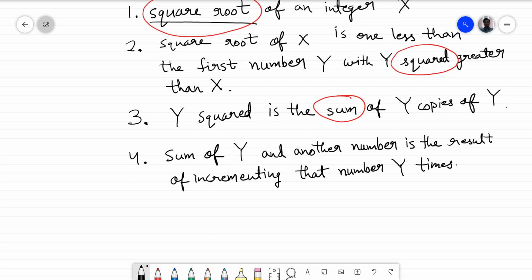Okay, so if you want to say sum of y and 2, then the definition is that the sum of y and 2 is the result of incrementing 2 y times. Okay, so increment that number those many times. Incrementing means adding 1 to it. Okay, and let's stop here.